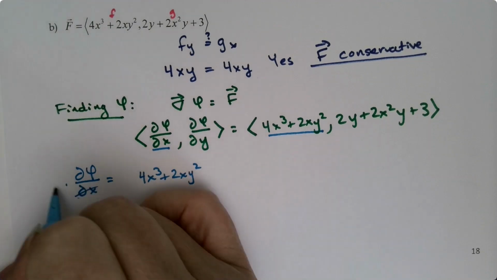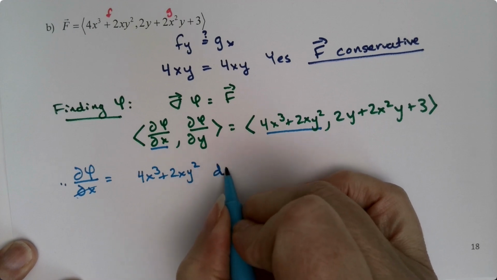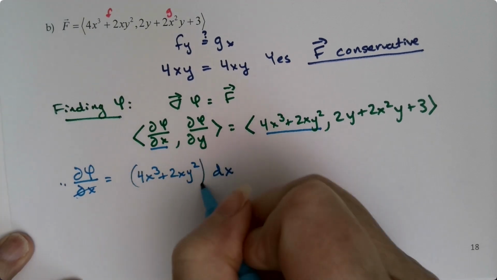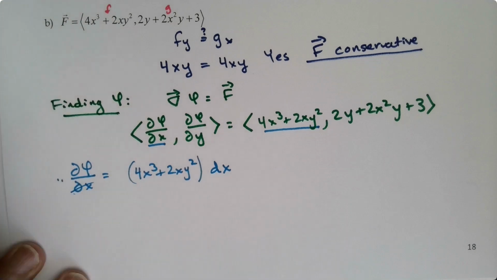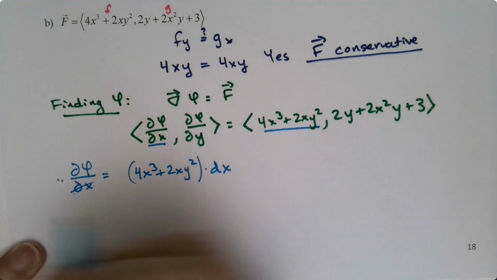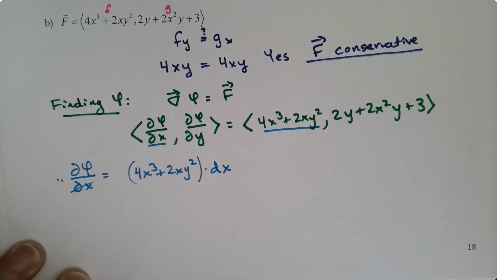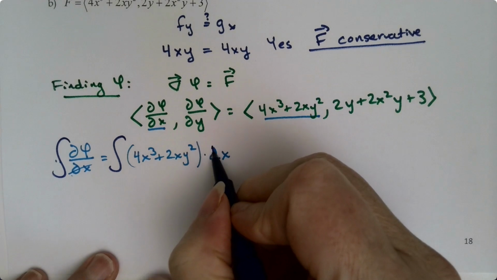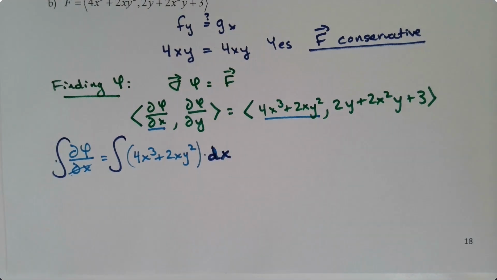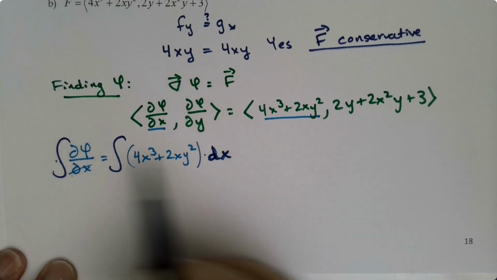So we multiply by dx to both sides. And then we integrate, right? So you're going to have the integral of both sides, and it just becomes dx over here. So you multiply both sides by the differential, and then you integrate.